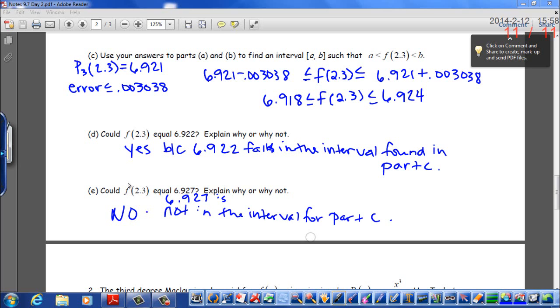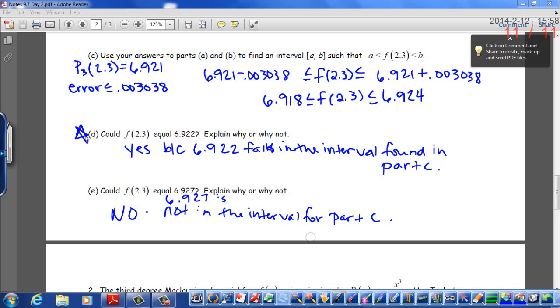Now, on the AP exam, it's common for them to ask you part D without asking parts B and C. So the way that sometimes they ask about the error is, could f of 2.3 equal this number? And so you have to go through parts B and C to answer the question, but they don't specifically ask you to do parts B and C. Okay, and we'll practice that.